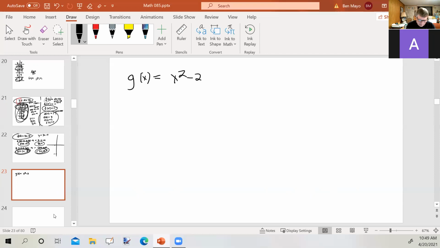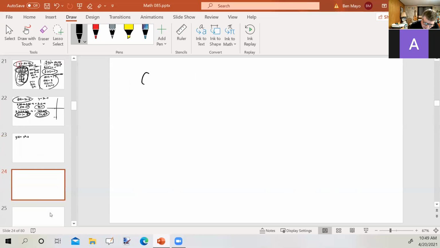In fact, let's say that this was Math 111. It was a business algebra class. In that class, we might talk about a cost function, c of x, a revenue function, r of x, a profit function, p of x. So anything goes in terms of variables. It's not just limited to f of x.